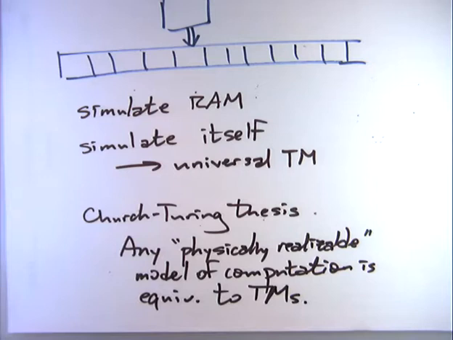So the Church-Turing Thesis says, for example, Lisp doesn't have any additional power that Turing machines don't have. You can simulate a Lisp machine using a Turing machine, and you can simulate a Turing machine in Lisp.